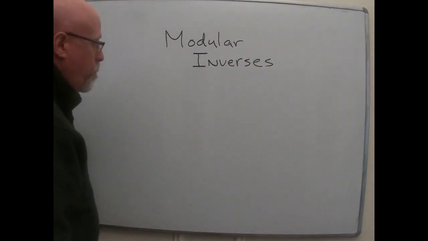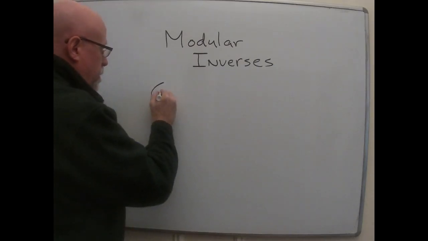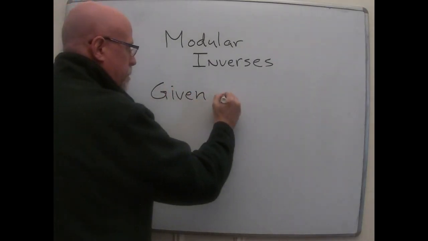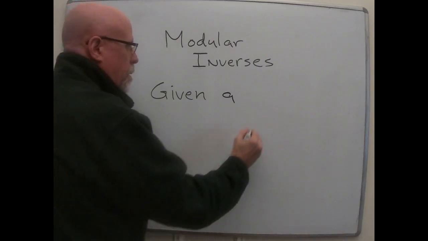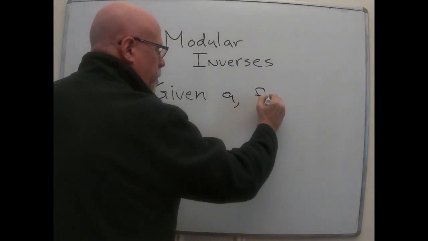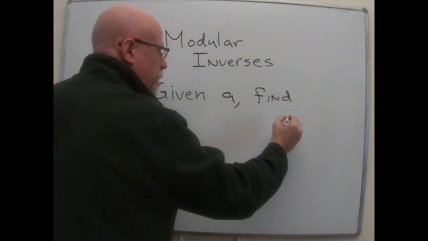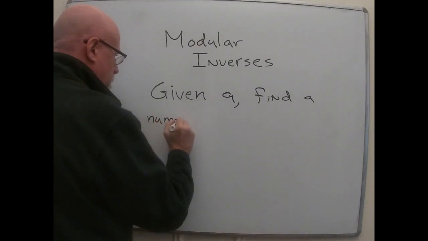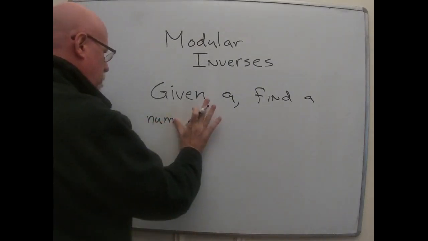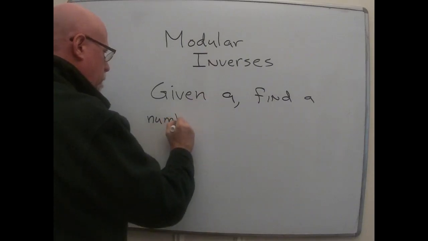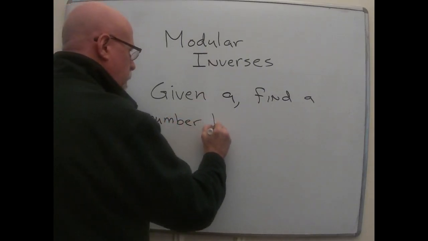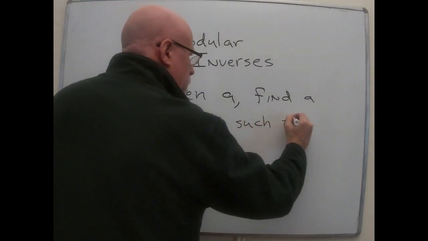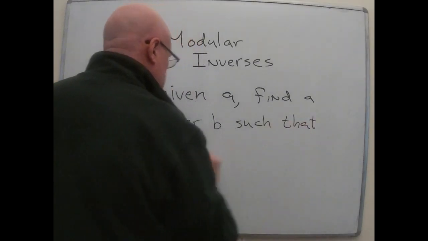So that is, given some number A, find a number B such that A times B is congruent to 1.